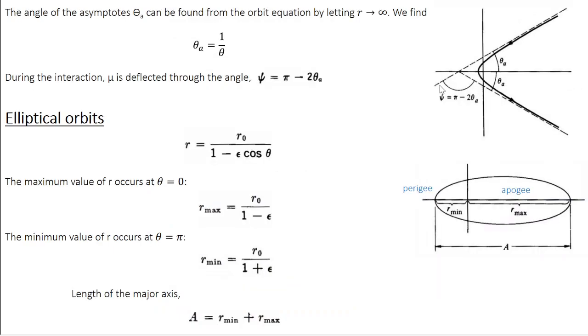And the angle of the asymptote. So asymptote is this straight line which should have been the original path had this repulsive centrifugal potential not been there. Okay, so the angle of the asymptote can be found from the orbit equation by letting R equal to infinity, because you can see that as you approach the origin, the asymptote deviates considerably from the curve.